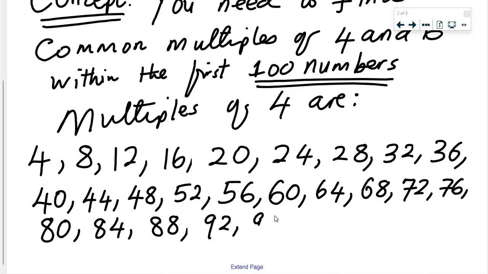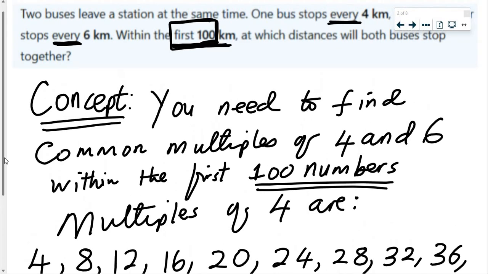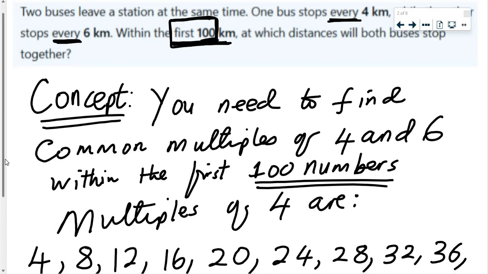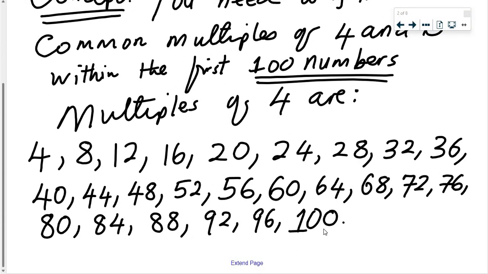92, 96, up to 100 itself, because they said within the first 100, and 100 is also a multiple of 4. So these are multiples of 4.